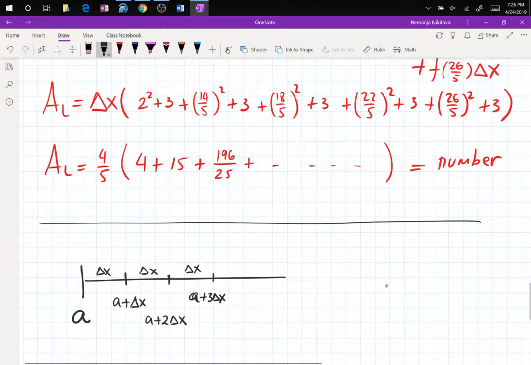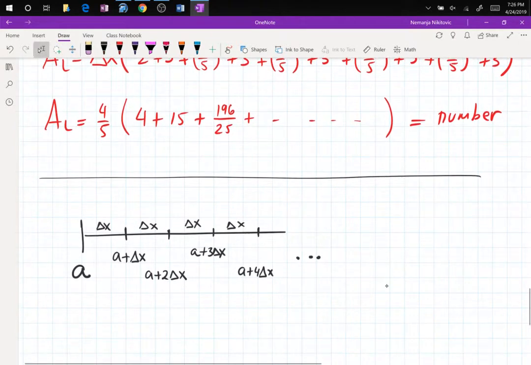So do you see how for each one of these, you have A, and then plus some amount of delta x's. A plus 4 delta x, and I'm just going to put 3 dots. So eventually, after the 3 dots, there's going to be a B, and that's the end.